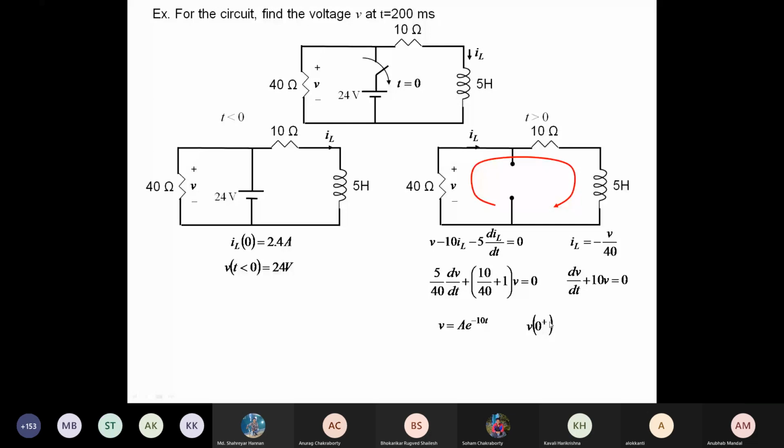Students answer: 24, minus 24, 96. It will be 2.4 into 40, which is 96. Minus 96, or is it positive 96?